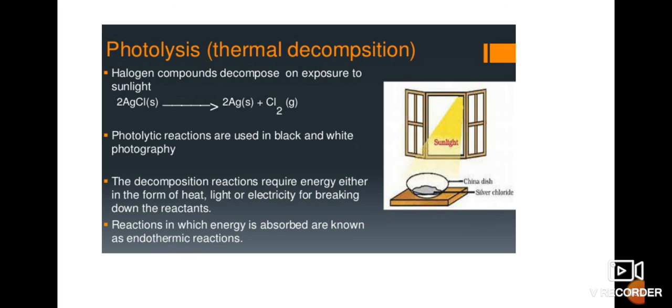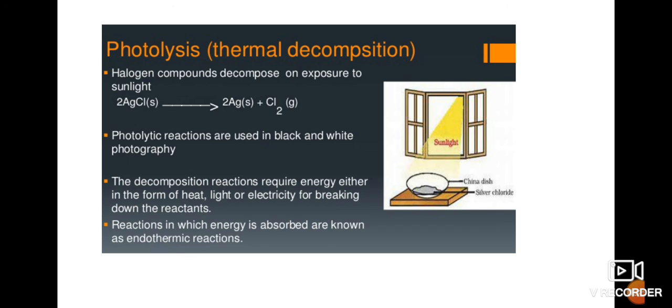Photolytic reactions are used in black and white photography, and we usually store silver chloride and bromide in dark colored bottles so that they don't come in contact with sunlight and prevent the color change as well as the photolytic decomposition.